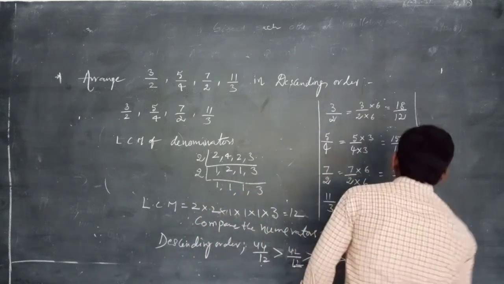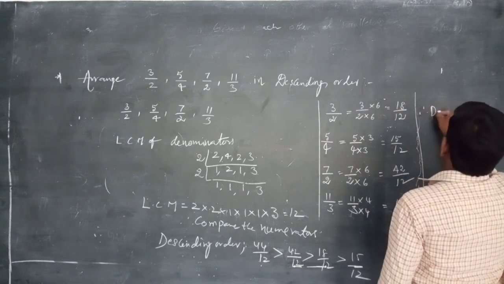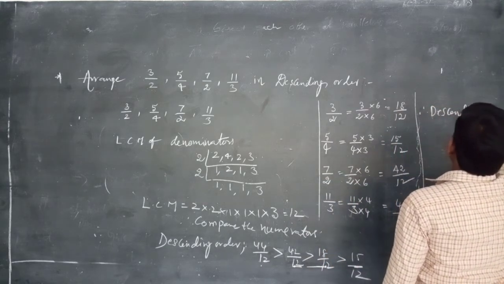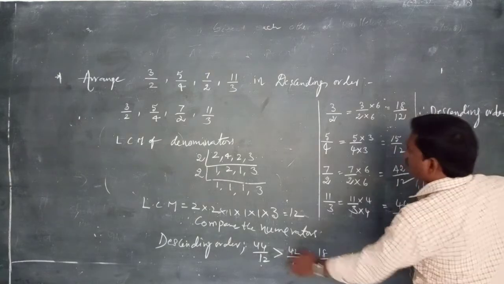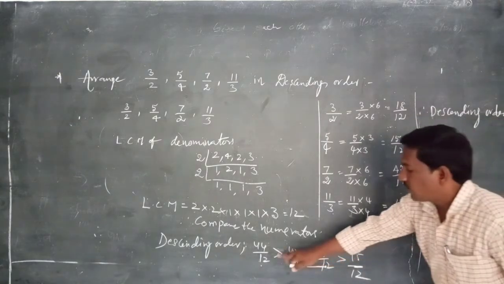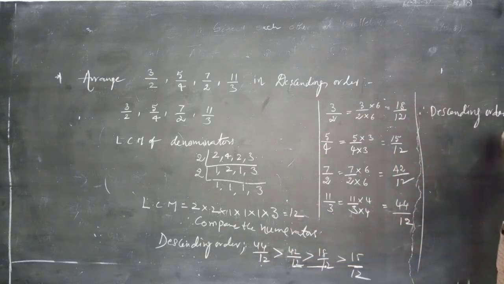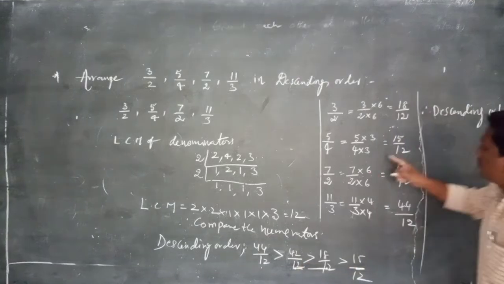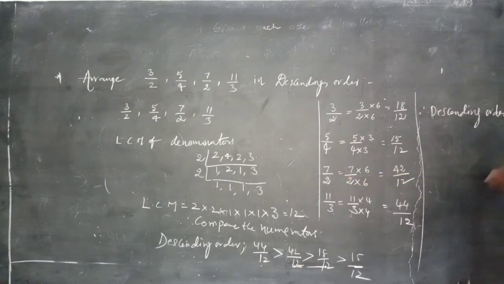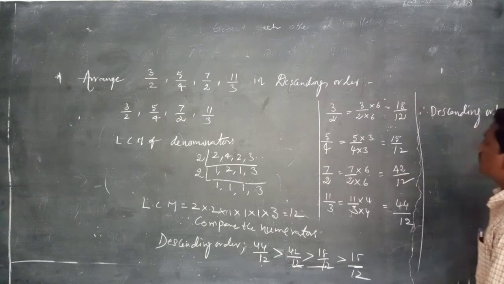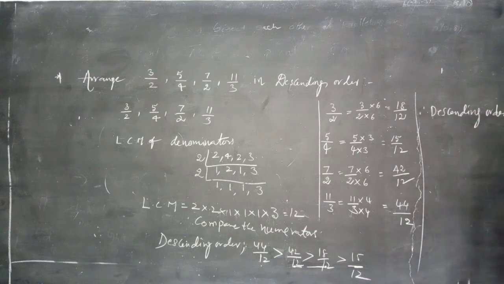So in descending order, we have to write the corresponding fractions. 44 by 12 means 11 by 3 greater than, 42 by 12 means 7 by 2 greater than, 18 by 12 means 3 by 2 greater than, 15 by 12 means 5 by 4.